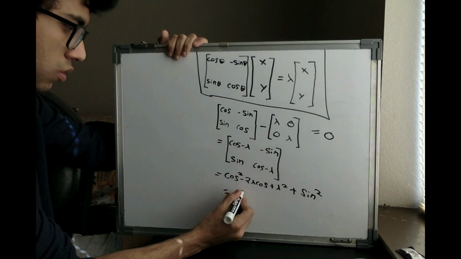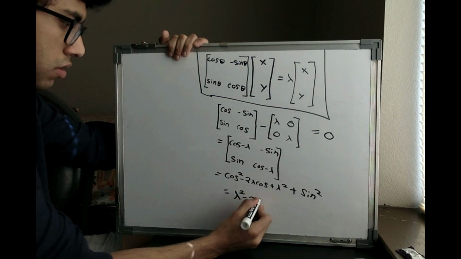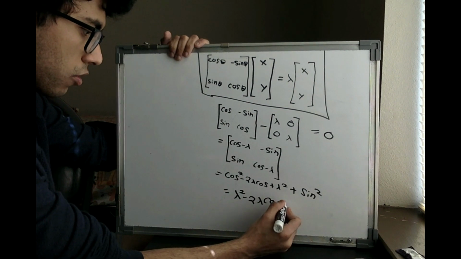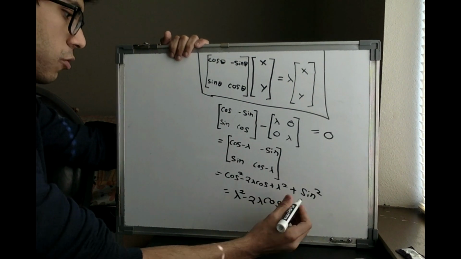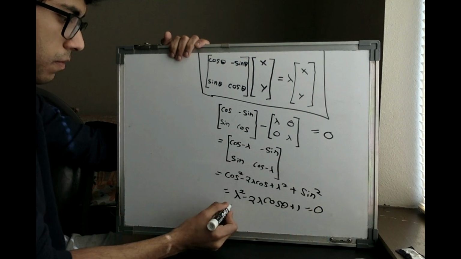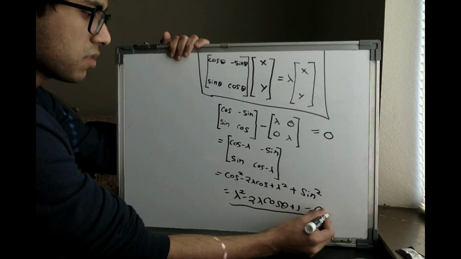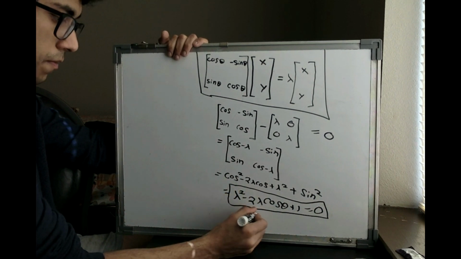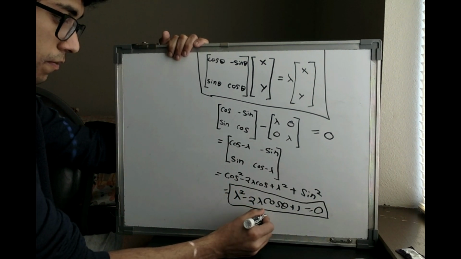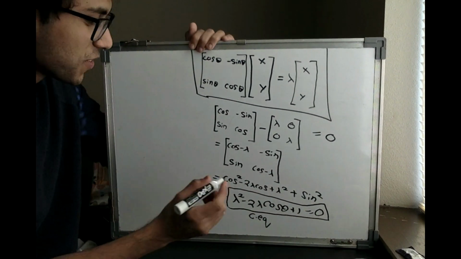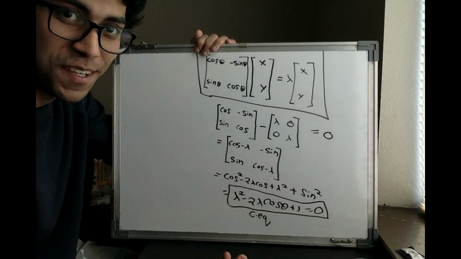So lambda square minus 2 lambda cosine theta plus 1 equal to 0. And this is my characteristic equation.